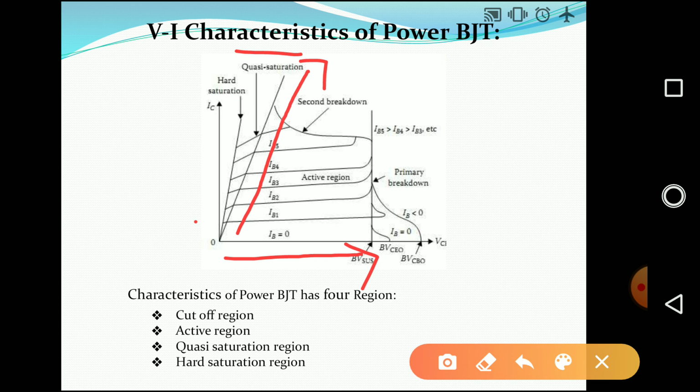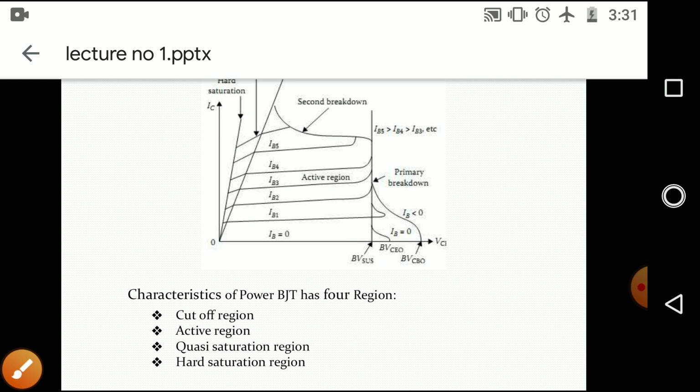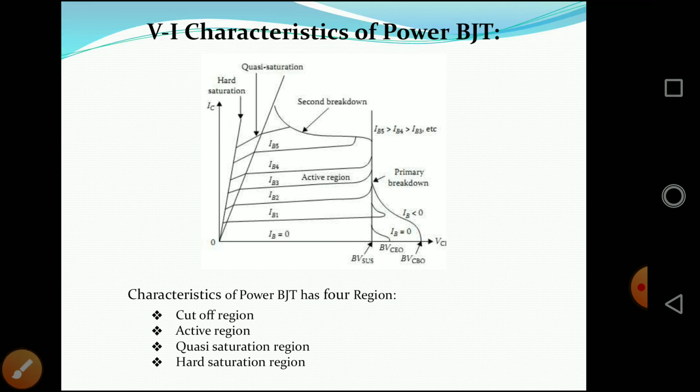But the hard saturation curve represents that when the voltage is increased, the current increases sharply. As the current increases sharply, the power will be more. At that condition, the power BJT gets shifted into the hard saturation region. So these are the four regions of power BJT.